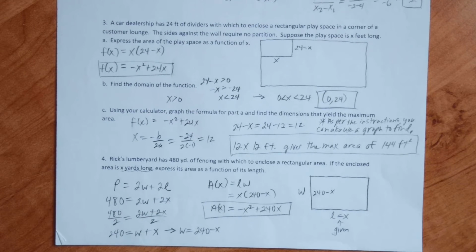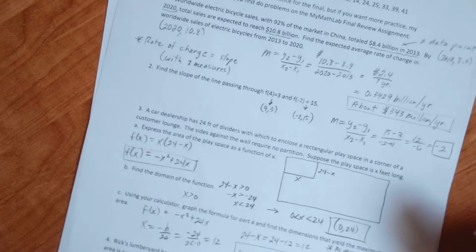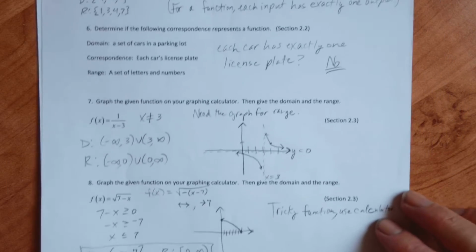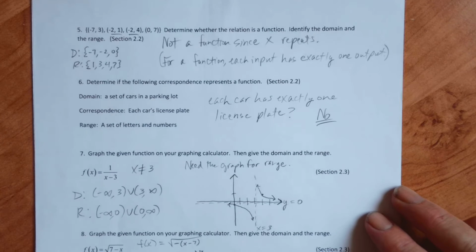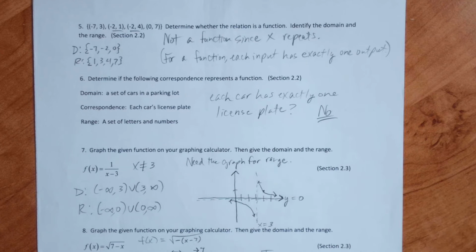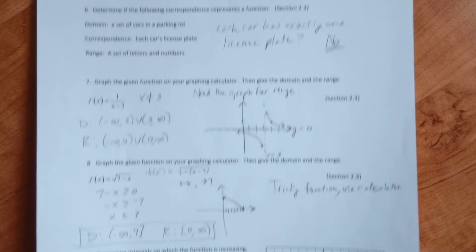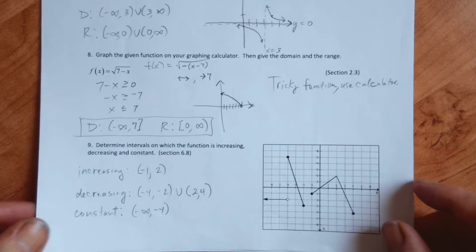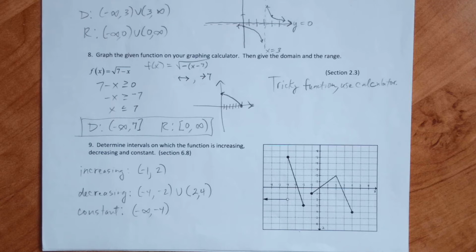And there you've got the rest of the page. Alright. There's 5 and 7. 6 you didn't have to do. And then there's the rest of the page.